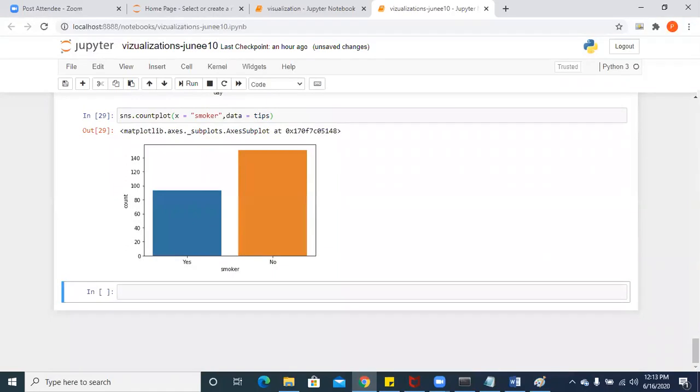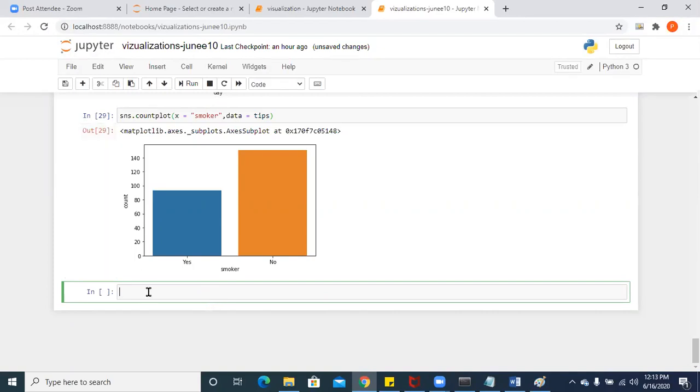Now the important plot for Seaborn is the pair plot. It is one of the simplest ways to visualize the relationship between all the features; the pair plot method gives more information.